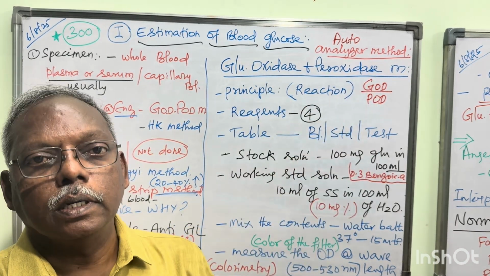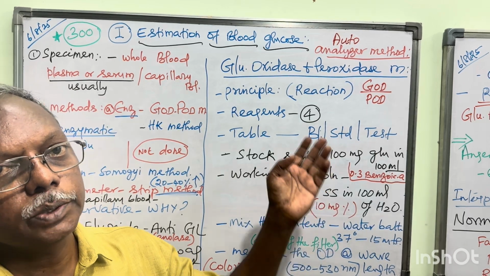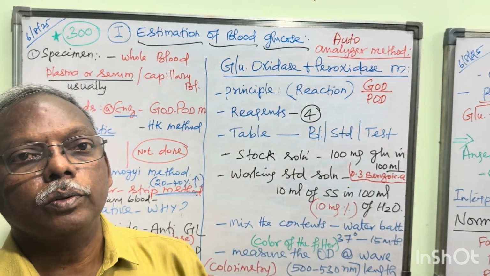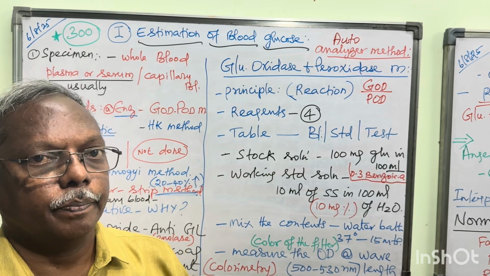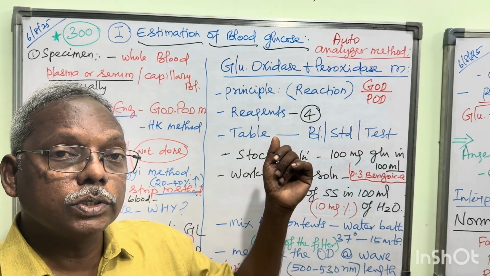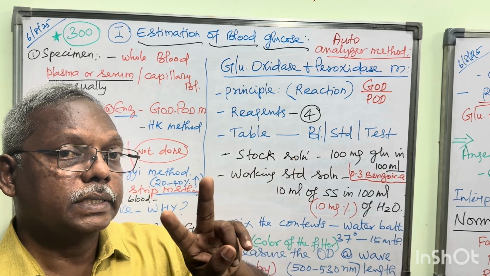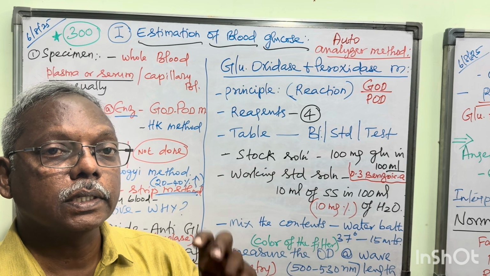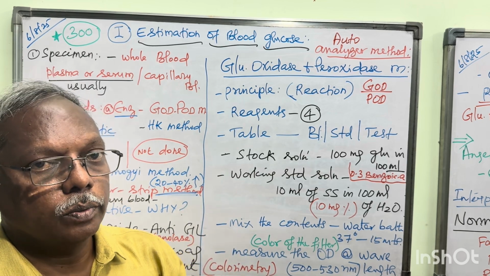Next one is the glucose oxidase GOD, peroxidase POD method. What are the subtitles you have to present in your paper? Number one is the principle. In glucose estimation we have two reactions: one is gluconic acid formation, and the other is hydrogen peroxide formation.